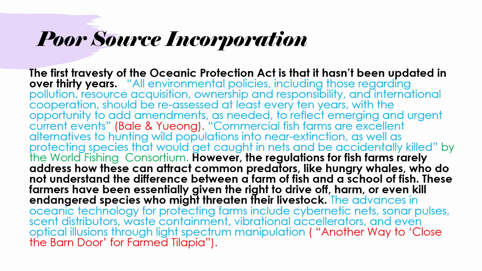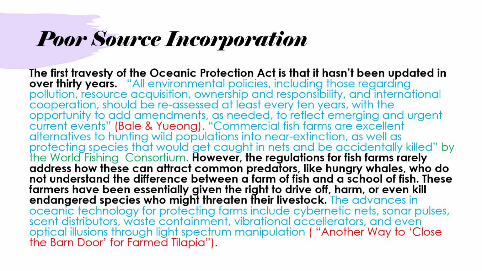The next thing that we have is a quote from a source that is continuing this idea that fish farmers have been given the right to drive off, harm, or even kill endangered species who might threaten their livestock.